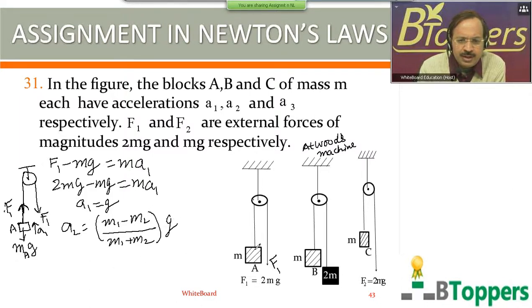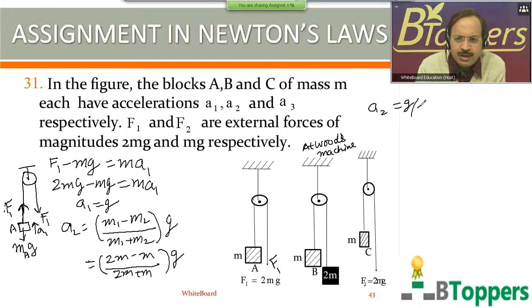So m1 is the heavier mass, m2 is the lighter mass. Here you should take m1 equal to 2m and m2 equal to m and simplify this. You get A2 equal to g by 3.